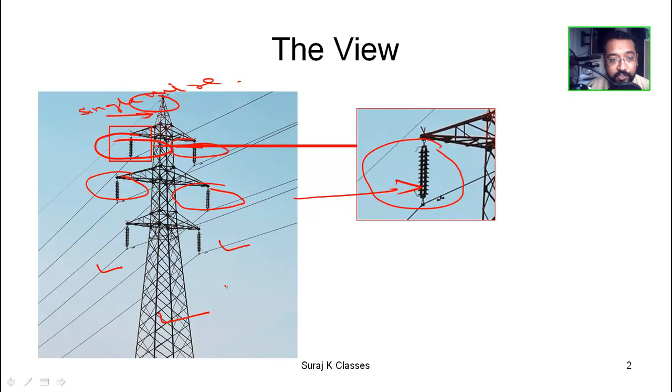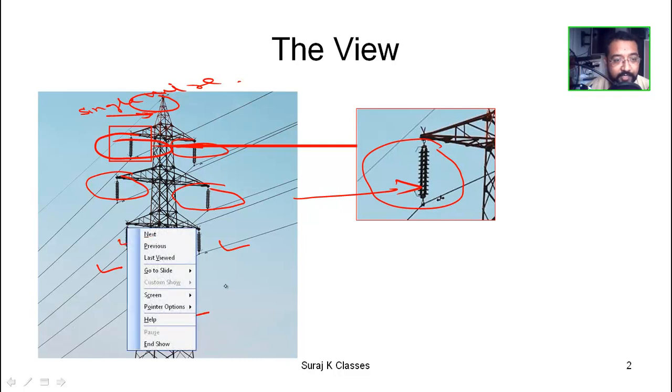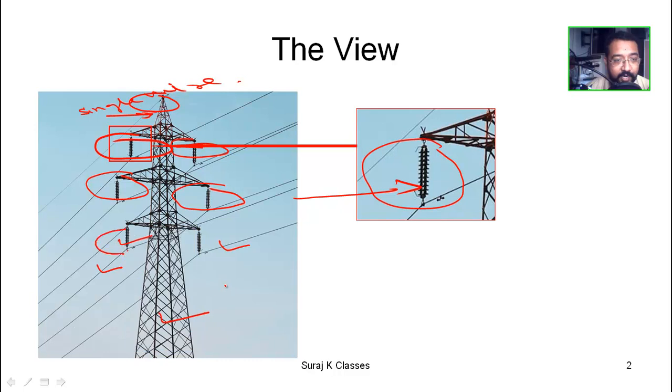Now just think of it, if I remove this and directly attach the transmission line to this tower, then what will happen? Have you ever thought about what amount of electricity it is carrying? It is in the thousands.